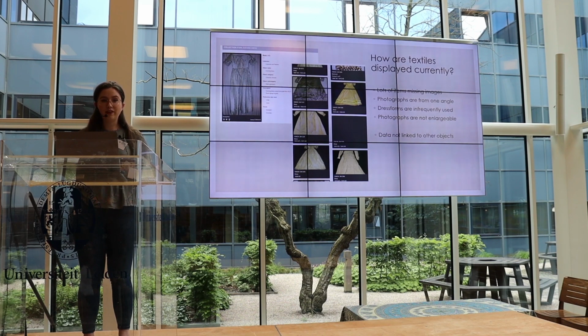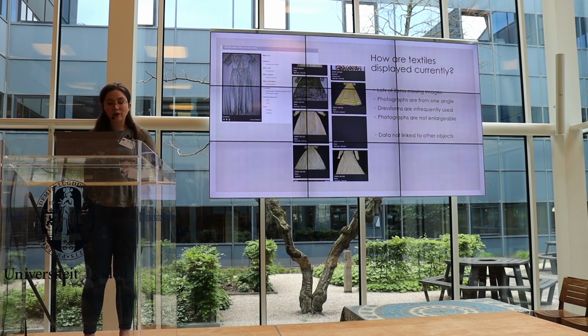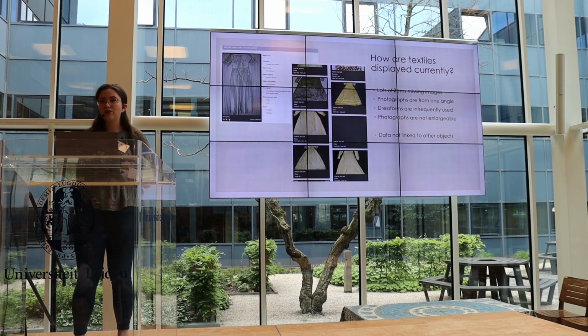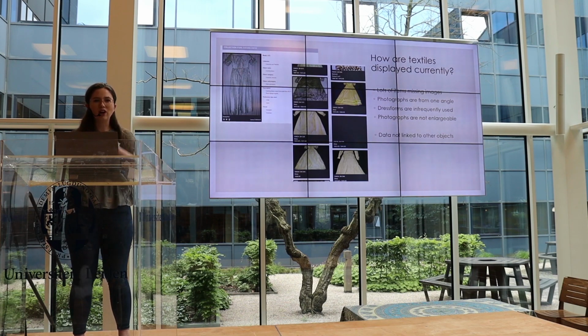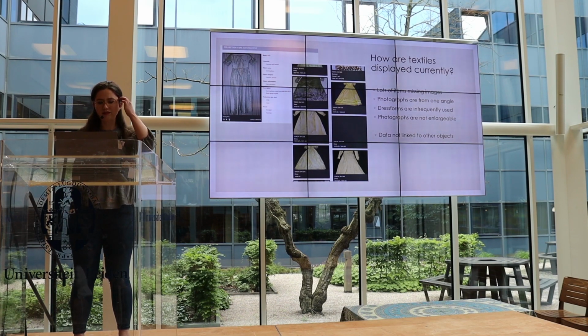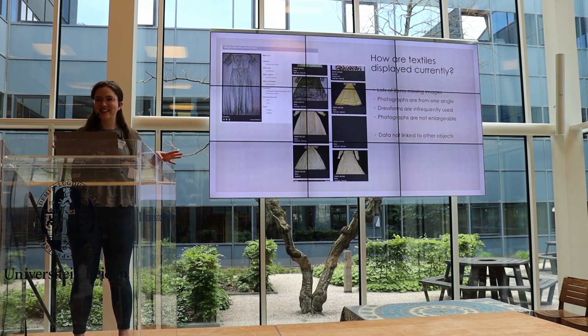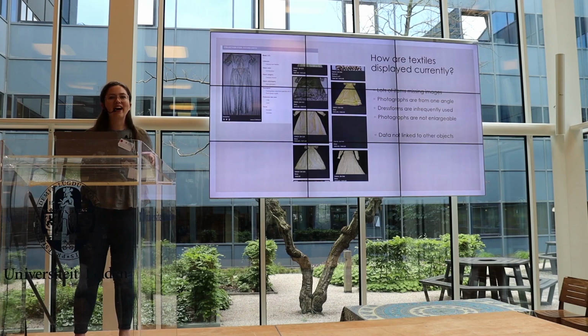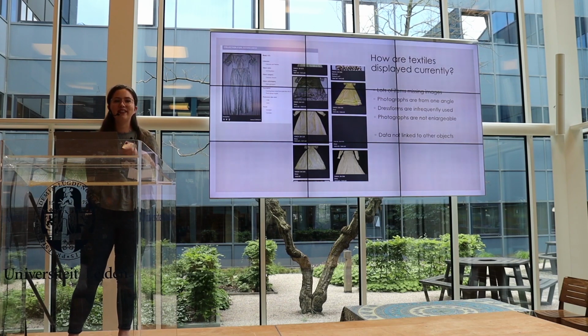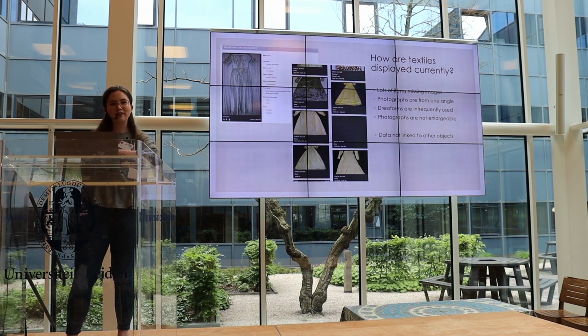The photographs, where they do occur, tend to be from only one angle, dress forms are infrequently used, and the photographs are often not enlargeable, so you can't zoom in on details. Although a lot of years have passed since 2007, with better photography and digitization of a lot of collections, it seems that with costumes and garments this has not kept up at the same pace.